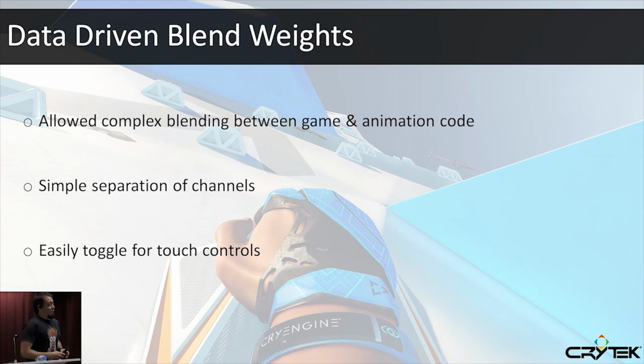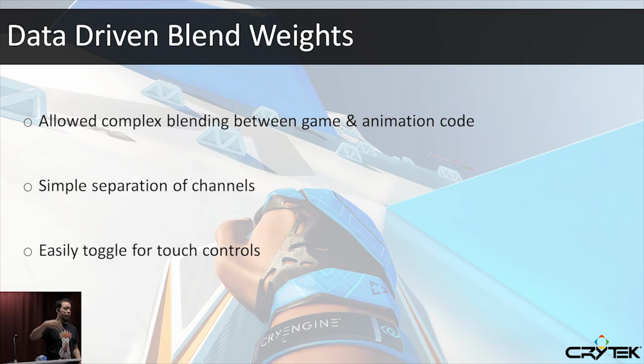The next step for us was that once we've separated these data-driven blend weights through the pose modifiers completely out into data, and all the gameplay code would do was take the gameplay, translate it into targets, and pass it to the player, we started to get more and more benefits. The first one was the separation of channels. The separation of channels meant that very easily we have this right hand, we have this left hand.